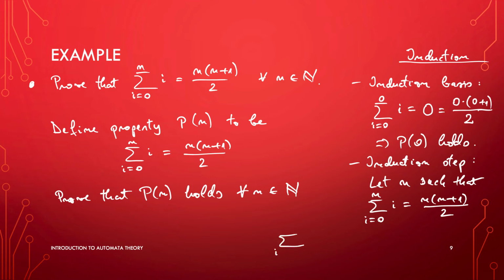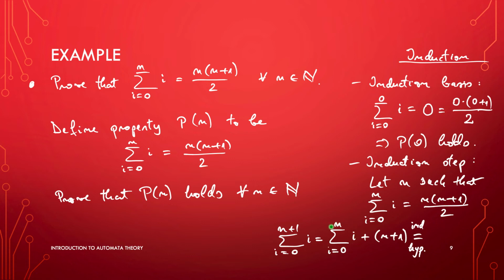The property for n plus 1 is about this sum, and this sum I can just write down by taking to one side the sum up to n, and writing separately the last term in this sum. And this is true by the induction hypothesis. The induction hypothesis was exactly this: I assumed that the sum all the way to n is exactly n times n plus 1 over 2.